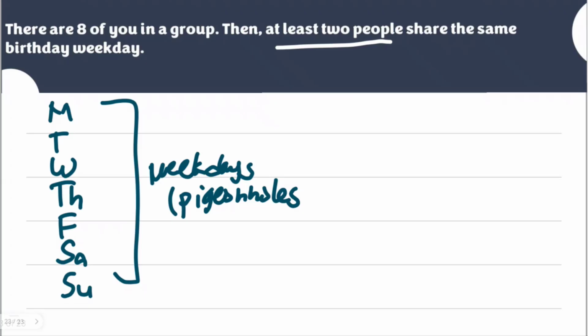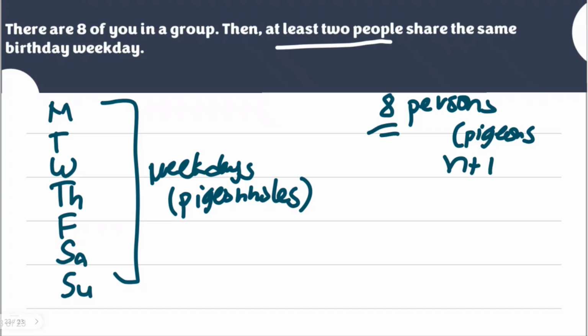And at the same time, imagine that you are riding a vehicle and there are 8 of you. There are 8 individuals. That would mean, since we have 7 weekdays, these are your pigeons. We have n plus 1 with your n equal to 7 here.